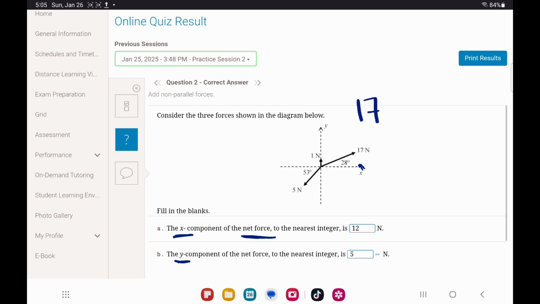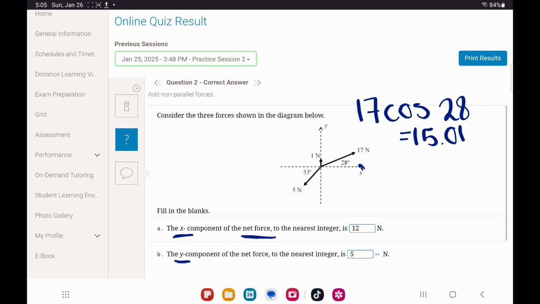So 17 cosine 28 equals, what's 17 cosine 28? You go to your calculator. 17 times cosine 28 is 15.01.